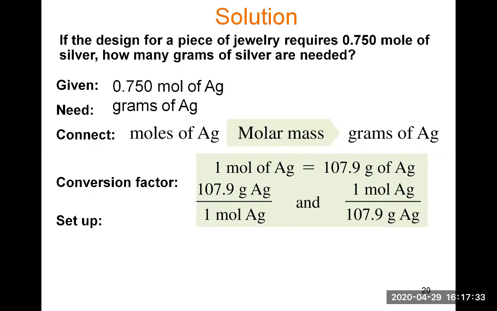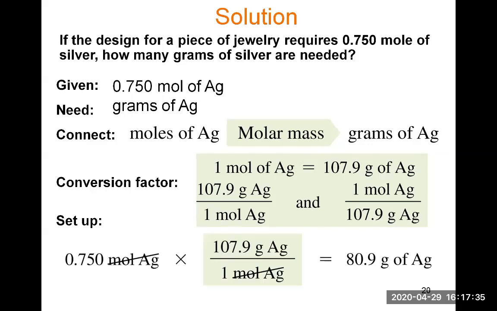So when we write the full calculation, you always start with the given amount. So here it's 0.750 moles of silver. This is in the numerator. Then you multiply by the conversion factor, and the conversion factor we said should have the moles on the bottom so that moles cancel, and 107.9 grams of silver will be on top.